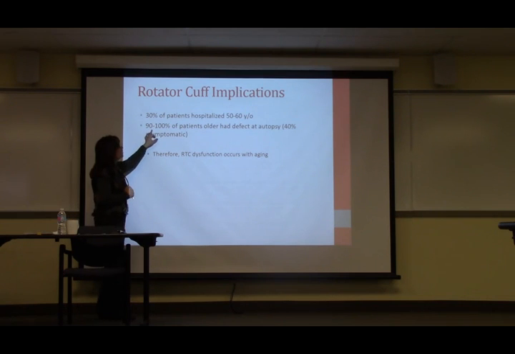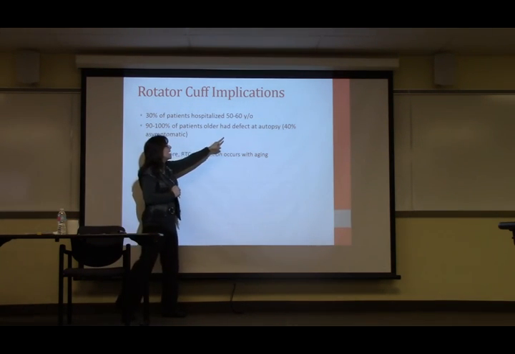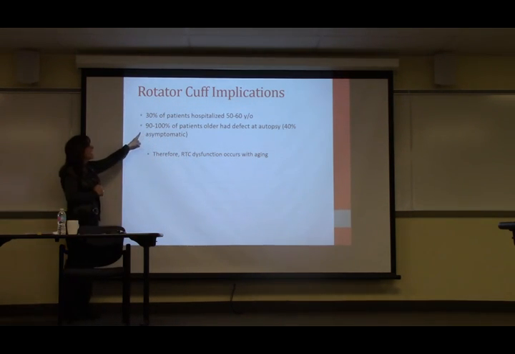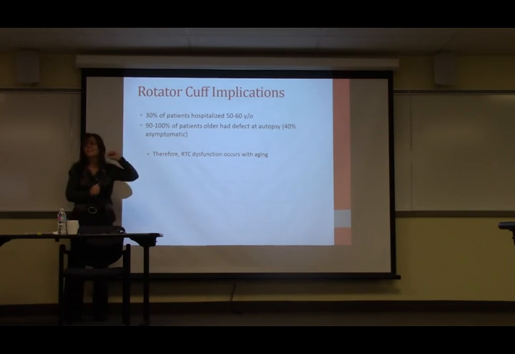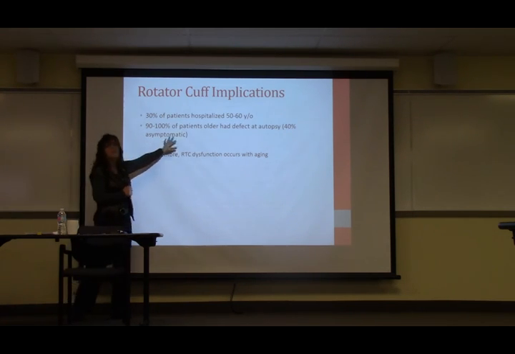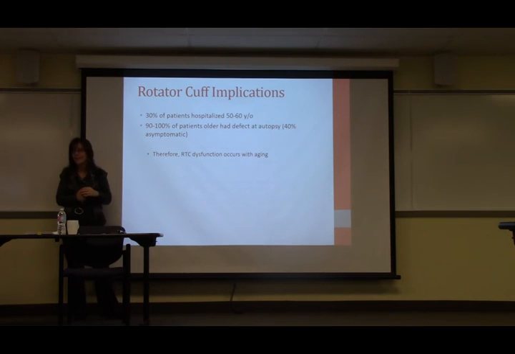And if you look at people on autopsy, 90% to 100% of patients had a defect of their rotator cuff, but many of them, 40%, were asymptomatic. But it's a very, very common problem with aging.